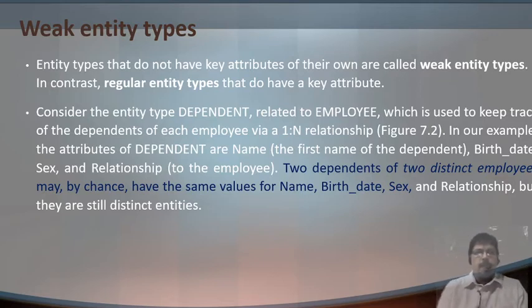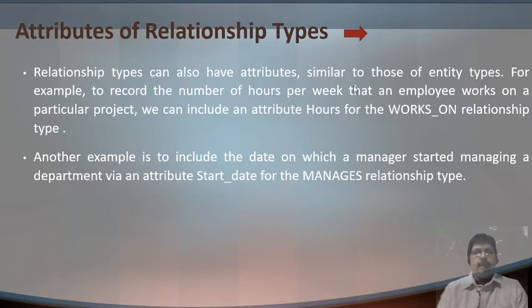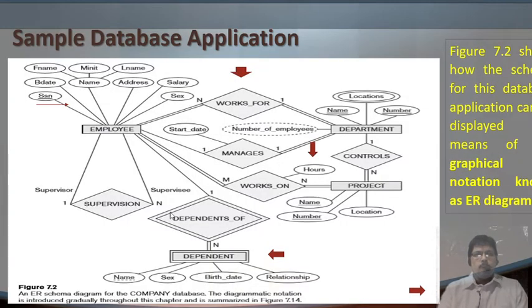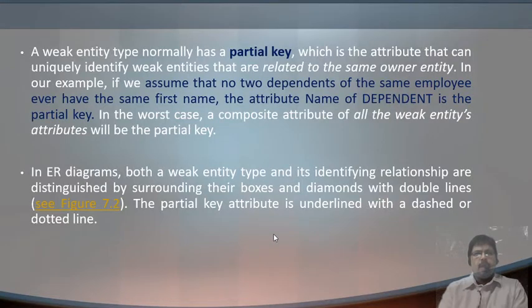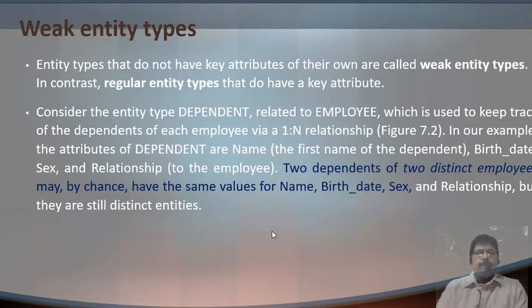And if you see the relationship in that entity, it is a 1 to n relationship. For one employee it may contain more than one dependent, correct. Now here when we talk about the dependent, the dependent is not at all involved in the company. Only if any benefit he gets from the employee, that will be given to the dependent.